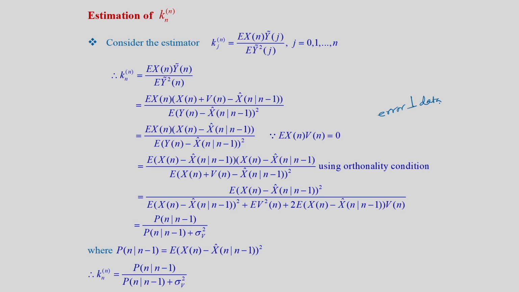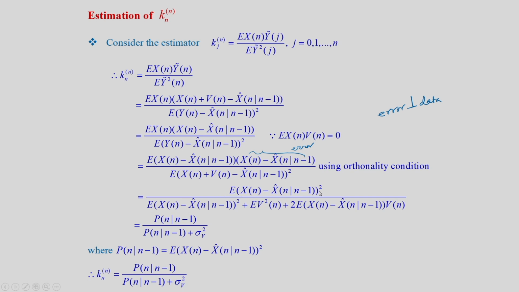In this case, this part is the error, and this estimator is a linear combination of data, therefore this error will be orthogonal to this. So, if we add this part, then the expression will remain the same as this, that is the idea. Therefore, what we obtain is that k_n^n is equal to E of (x_n minus x hat n given n minus 1) whole square.